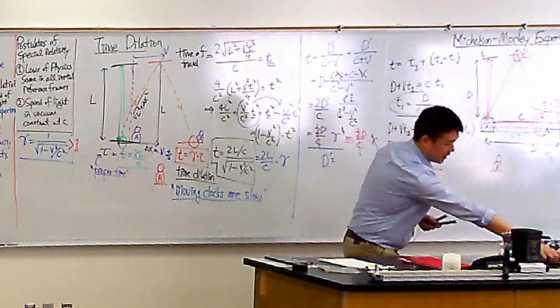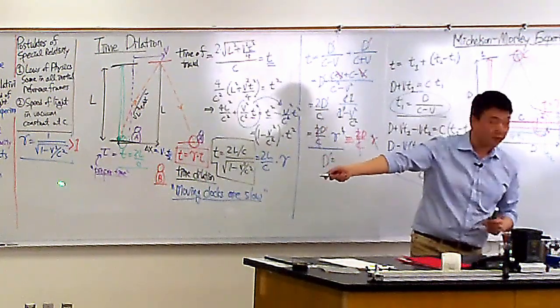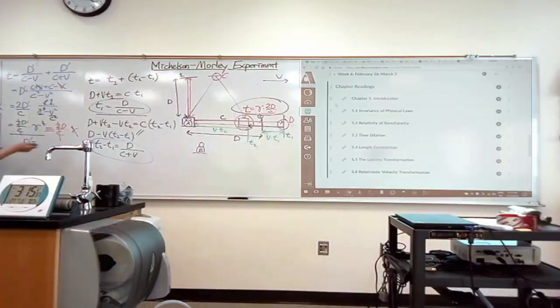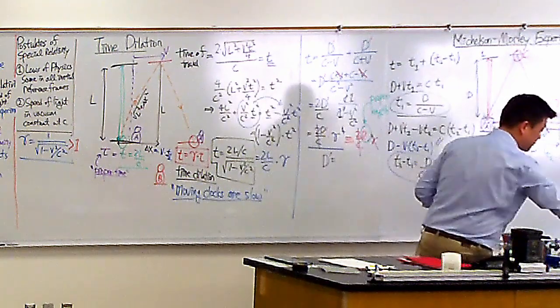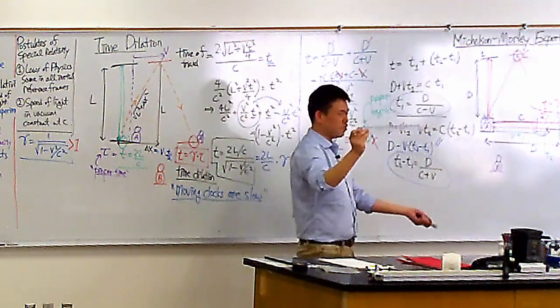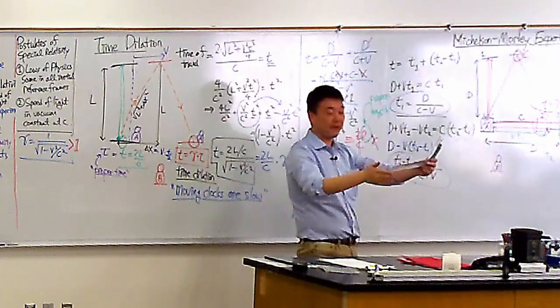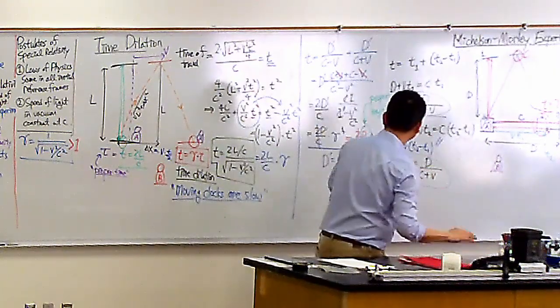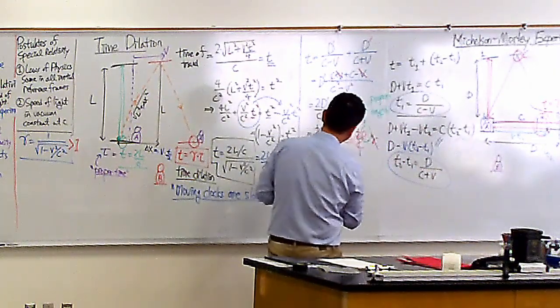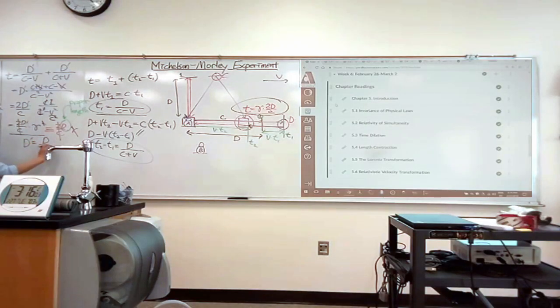The same way I gave a name for the time kept by the clock in its own reference frame, I can call this d the proper length. It's the length of whatever object it is in its own reference frame. So the proper length of this ruler is 30 centimeters, no matter what reference frame you are in, because when I say proper length, I mean the length measured in its own reference frame. So d prime is equal to this proper length divided by gamma.